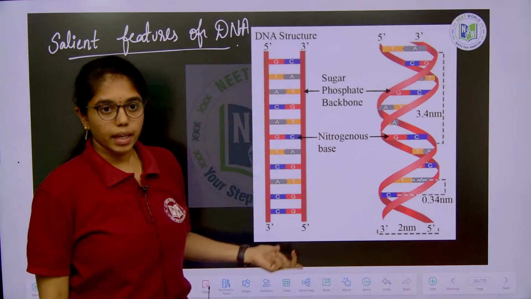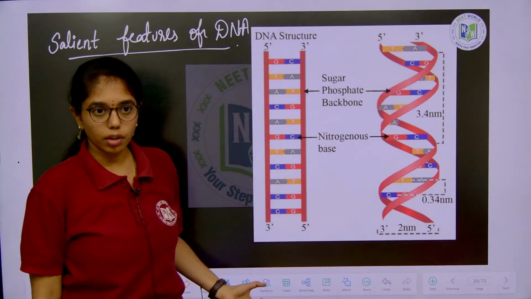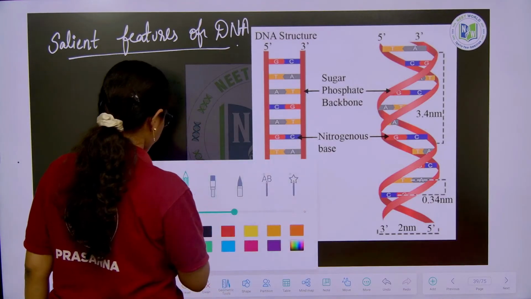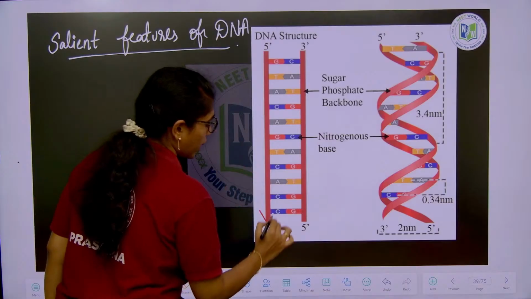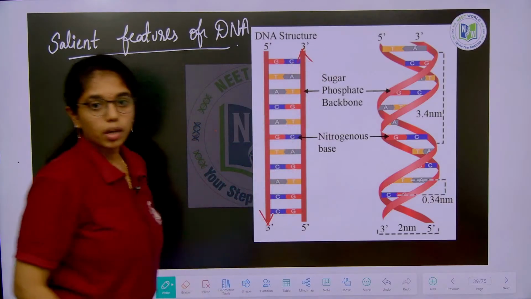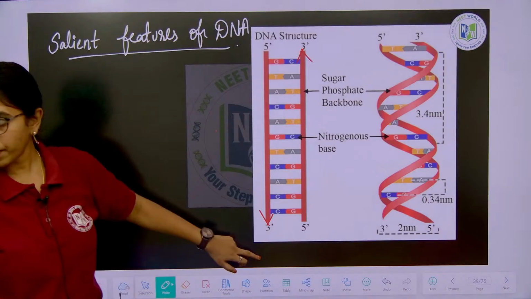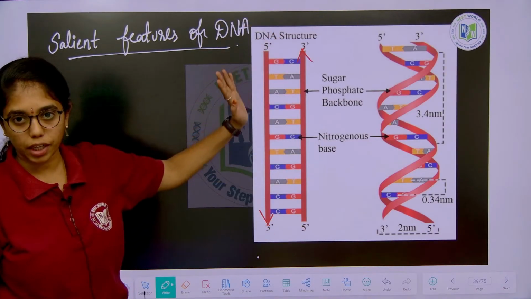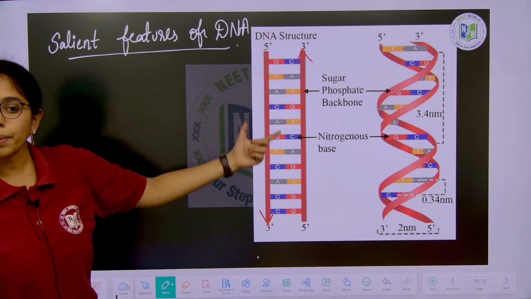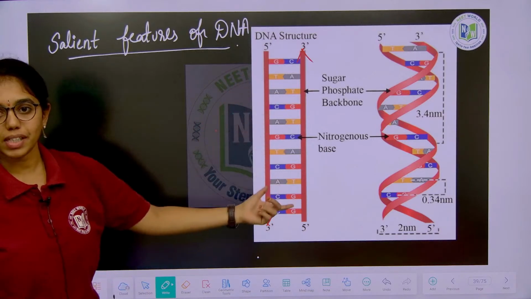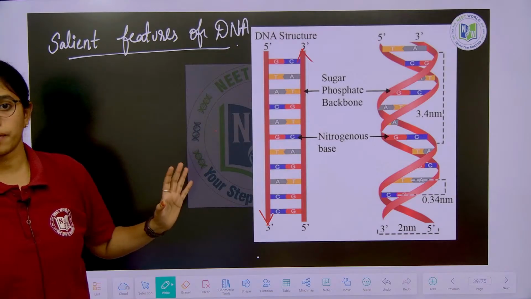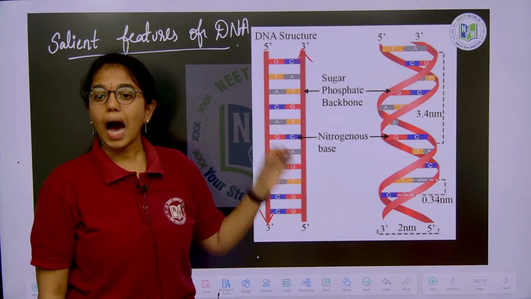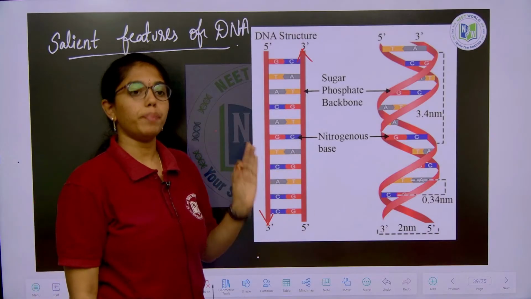Double stranded DNA has 2 polynucleotide chains which are running anti-parallel to each other. One from 5' to 3', other from 5' to 3', but in opposite direction. And they are complementary to each other. All the nucleotides present here are complementary to each other.